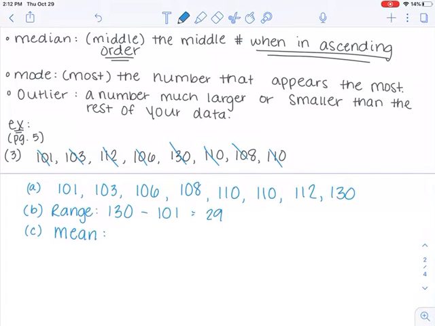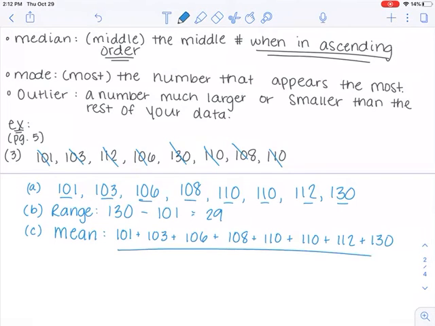So we take 101 plus 103 plus 106 plus 108 plus 110 plus 110 plus 112 plus 130. Then you ask yourself and count how many numbers they give us. So they give us 1, 2, 3, 4, 5, 6, 7, 8. So once we add these up, we're going to divide this total number by 8.